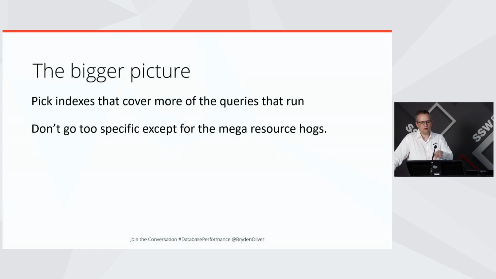And really the key one there is don't go too specific in your index, except for those queries that really are the ones that are causing all of your issues. If your server spends 99% of its time on one query, go the extra mile, make that query super optimal, because that's all that your server is doing pretty much. You may as well cater to that.